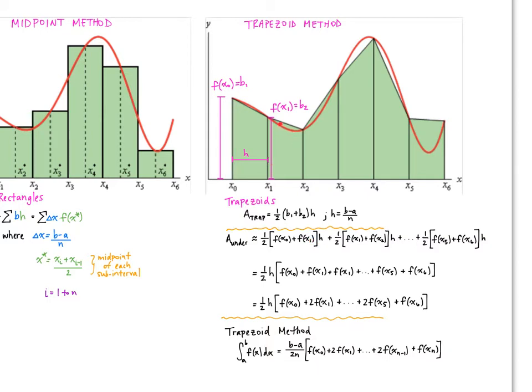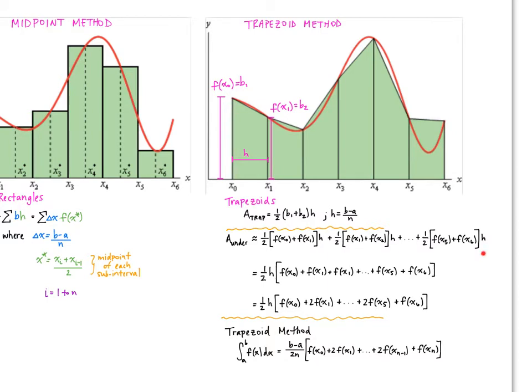Then the area of the second trapezoid is 1/2, f of x1 is this base, plus f of x2 being this base, and then our height. If we continue on to the last one, it's 1/2 times the sum of our bases: this base is x5, plus the last base x6, times our height.